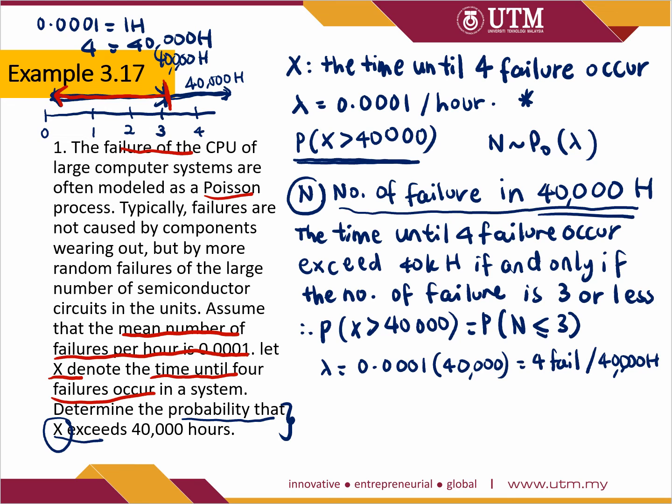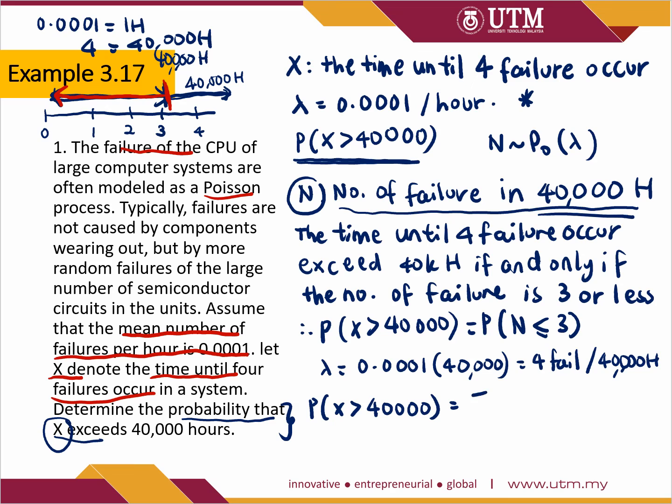Now that we know lambda, we can use the Poisson formula. Because we want to find N less than or equal to 3, we have to find N equals 0, 1, 2, and 3.